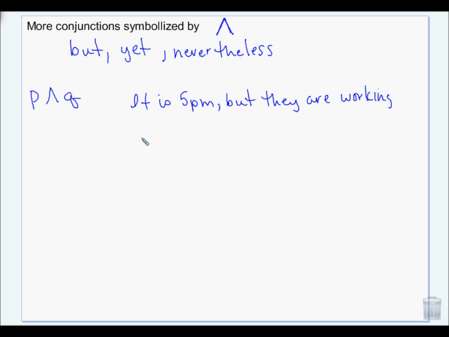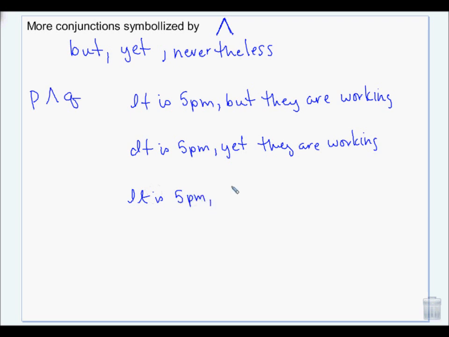I could also say it is 5 p.m., yet they are working. Okay, so this and symbol also stands for but, yet, or nevertheless. So when you're translating, you could translate it as it is 5 p.m. and they are working, or you can translate it as any one of these three.